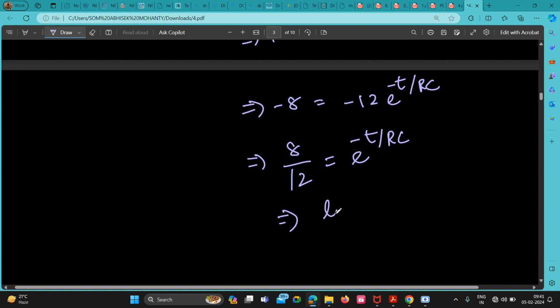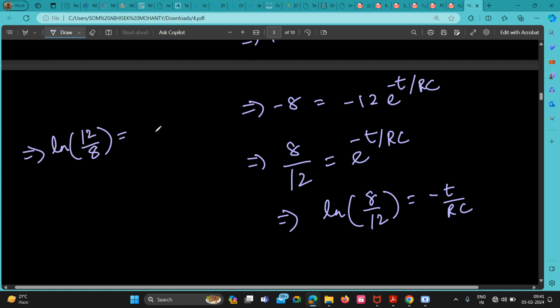ln 8 by 12 is equal to minus t by RC. Taking the reciprocal, ln 12 by 8 is equal to t by RC.